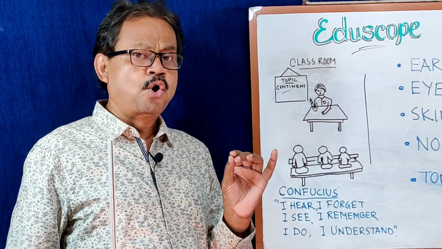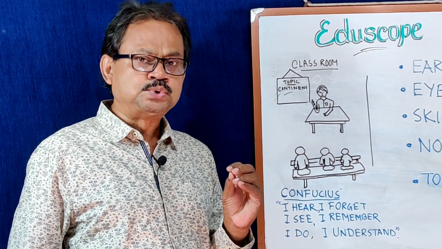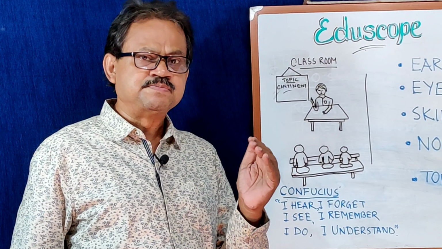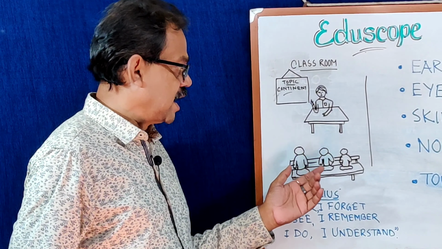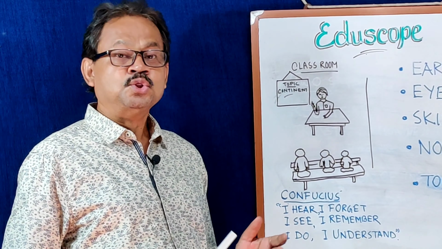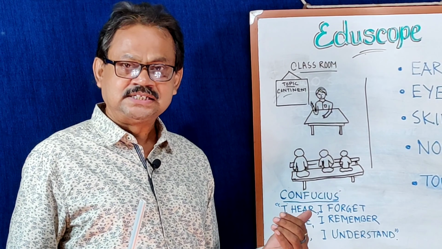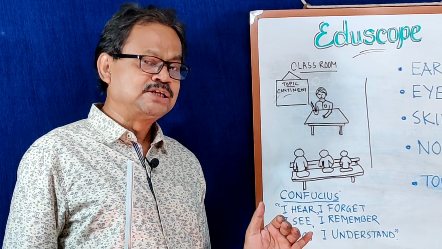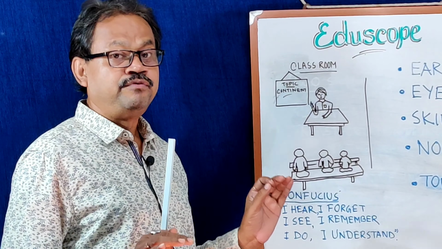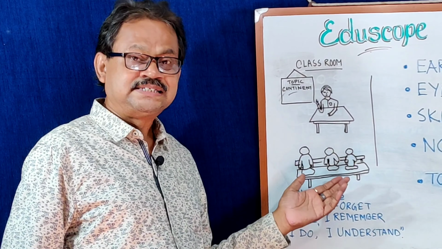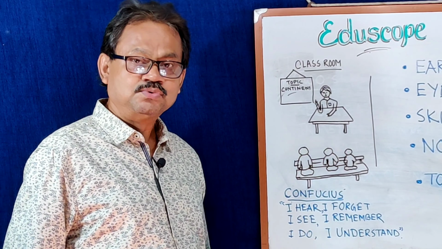He is giving all information to the student in a very nice manner, and students are listening very carefully. Though I know all students are not listen carefully to the teacher, but here I assume they are listening very carefully.